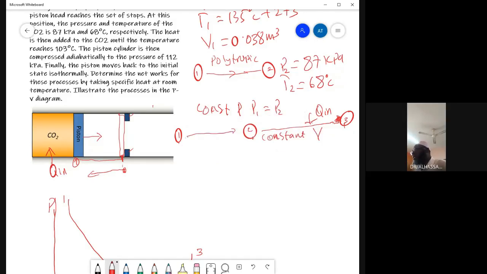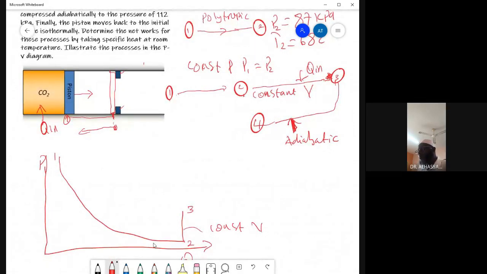Okay, so the piston tries to move to its state 4. This is adiabatic. Okay, so adiabatic means we have a situation like this. Okay, so I'm not drawing it properly.